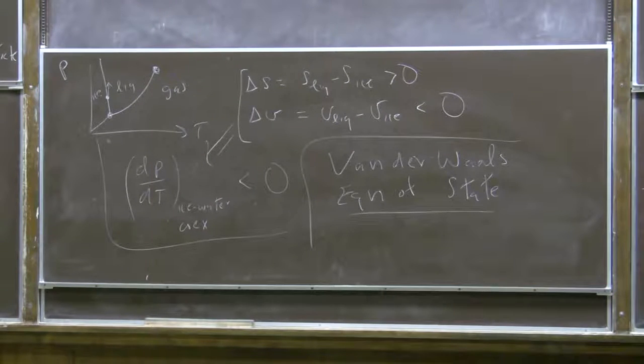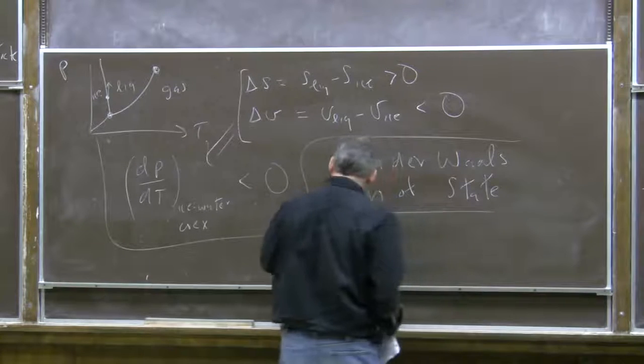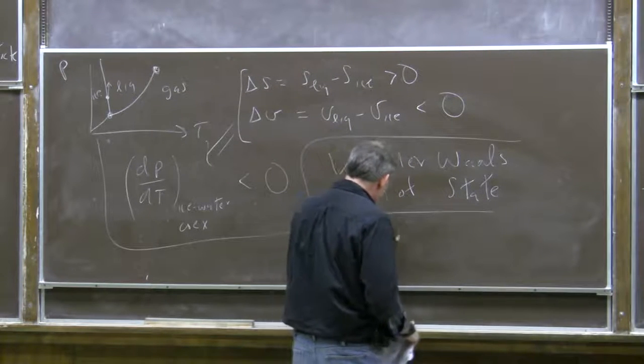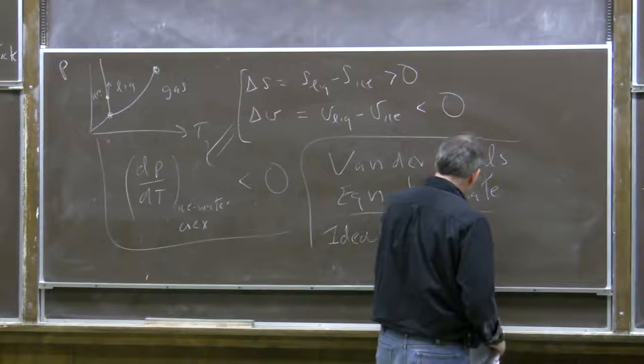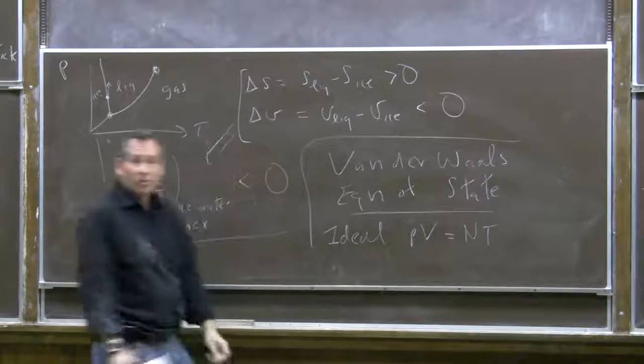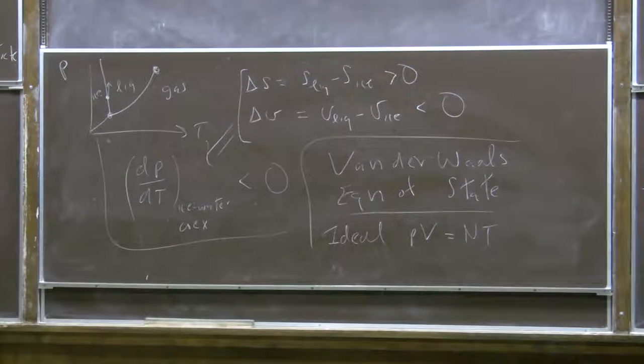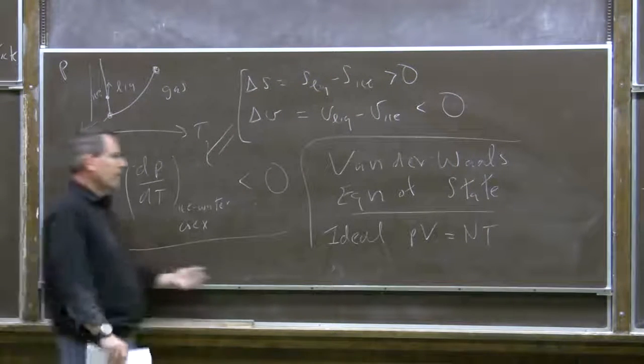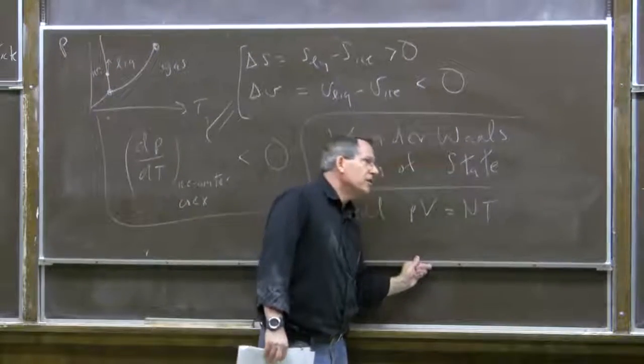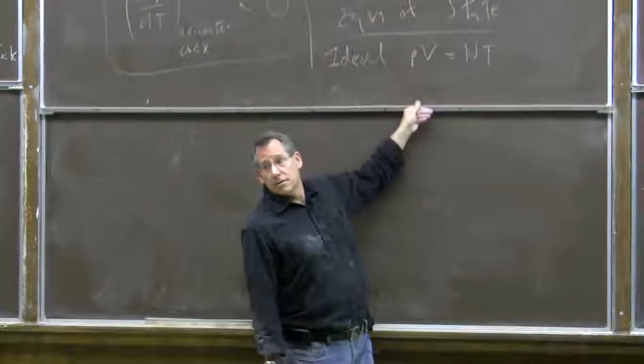An ideal gas doesn't liquefy, right? If it's ideal, we have pressure times volume equals n tau, no matter how much we compress or cool the gas. At any non-zero temperature, it's still a gas. So what's going to make a gas liquefy? What do we have to include that we haven't included in the ideal gas?